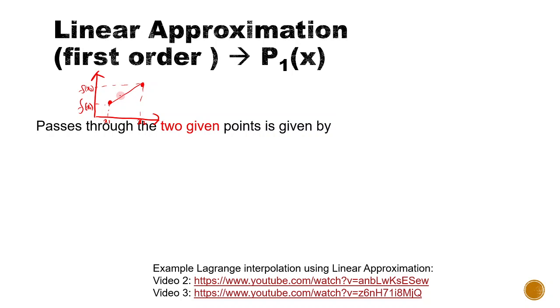For example, we want to look at this point. Okay, so this is xk, the value that we want to look for, and this is what we want to find. So f(xk). Okay, oh, it disappeared.